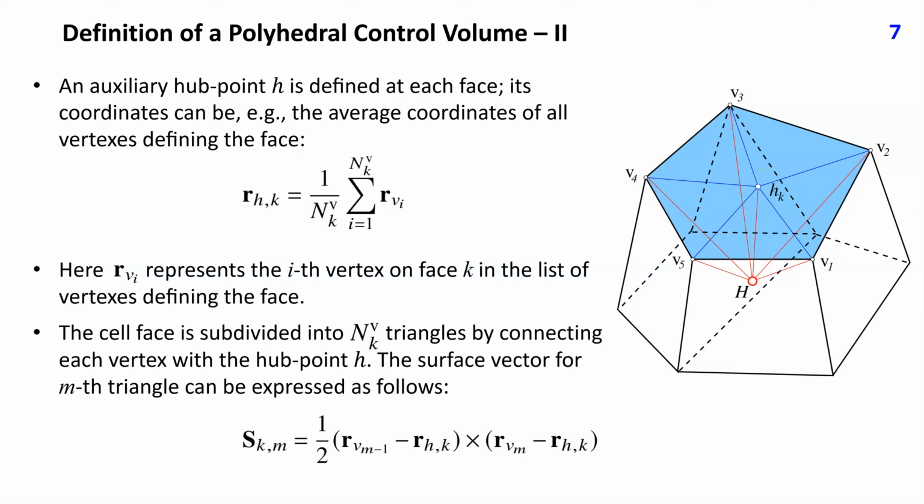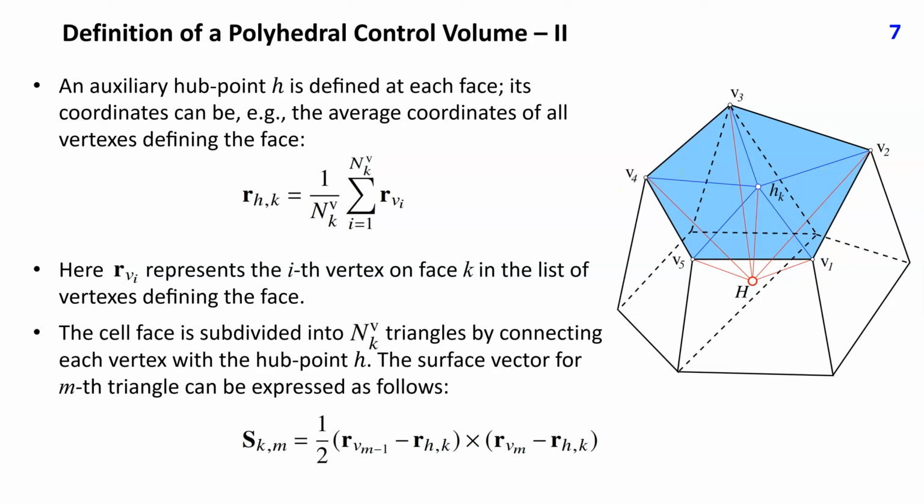Its coordinates can be defined as the average coordinates of all vertices defining the face, as given by this expression. Here, R_VI represents the ith vertex on face K in the list of vertices defining the face. The cell face is subdivided into NKV triangles by connecting each vertex with the hub H.